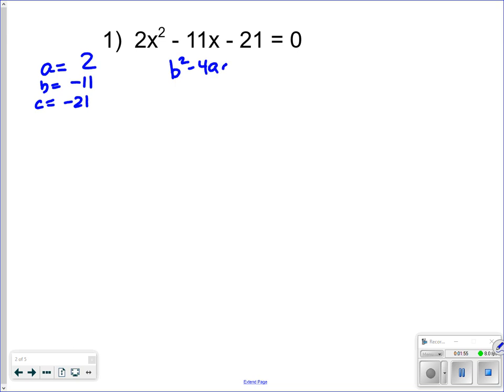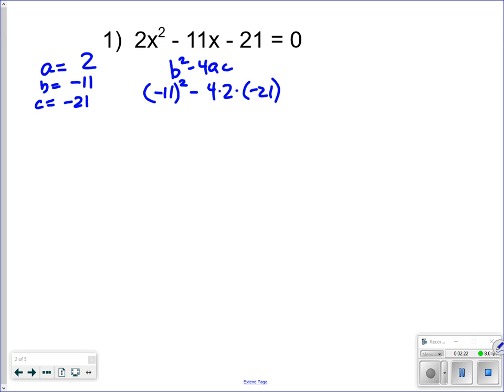B squared minus 4ac. Our B number was a negative 11. So, in the parenthesis, negative 11 squared minus 4 times your A number, 2, times your C number, negative 21. 11 squared, anybody remember what 11 squared is?